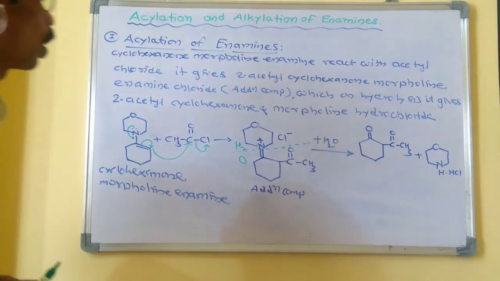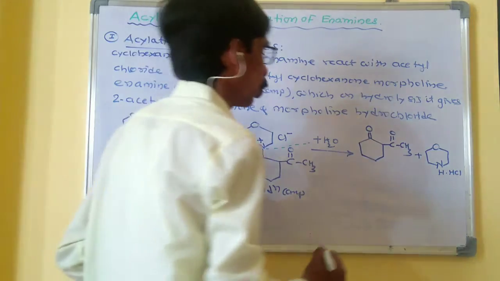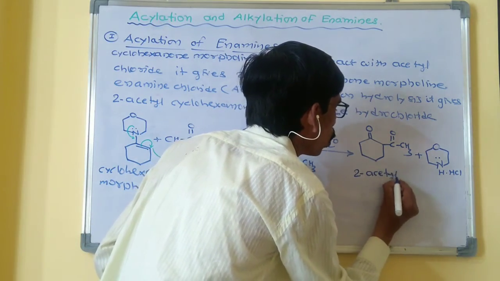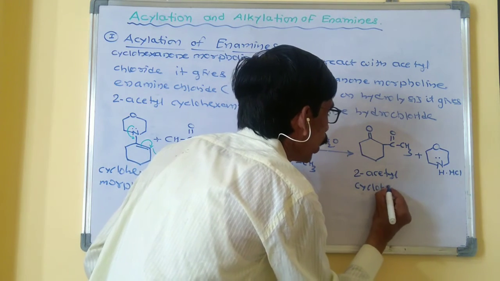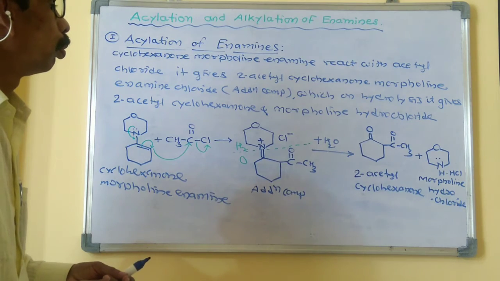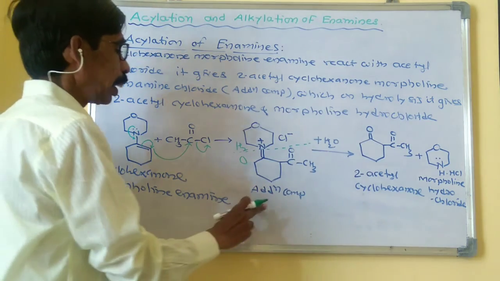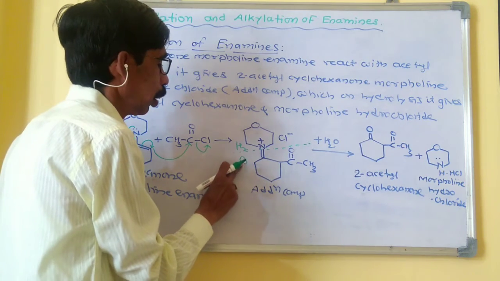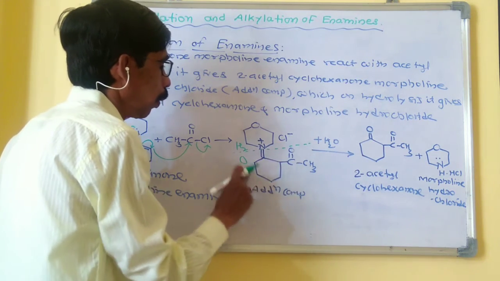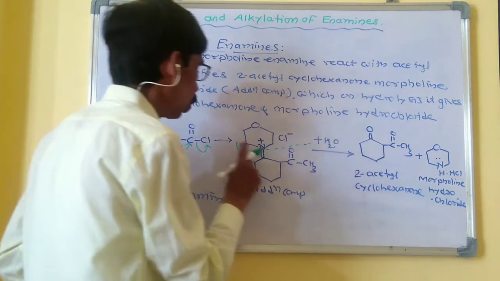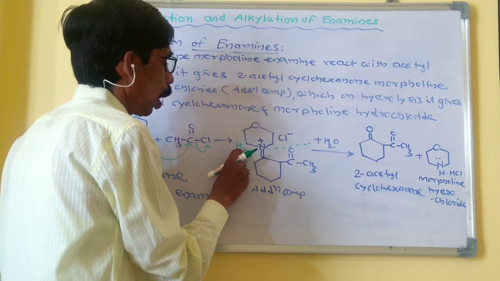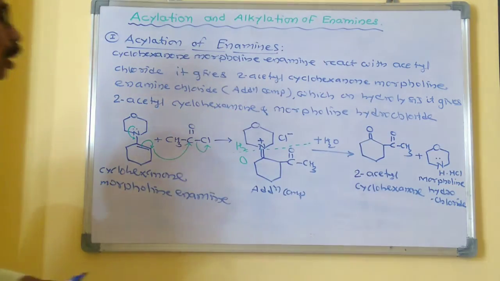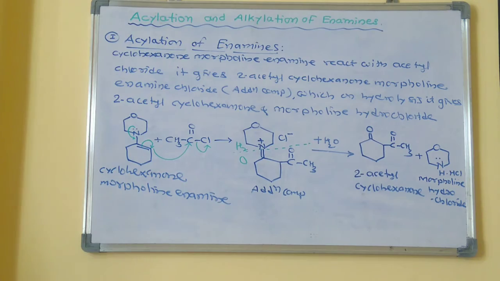This is the formula of morpholine hydrochloride. And this is the 2-acetyl cyclohexanone. So when the addition compound is hydrolyzed with water, the addition of water takes place, oxygen atom adds here, and we form 2-acetyl cyclohexanone, and one H and one HCl form the morpholine hydrochloride. So this is the acylation of enamine.